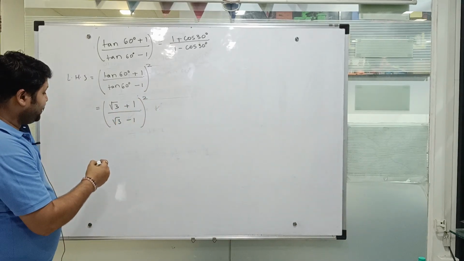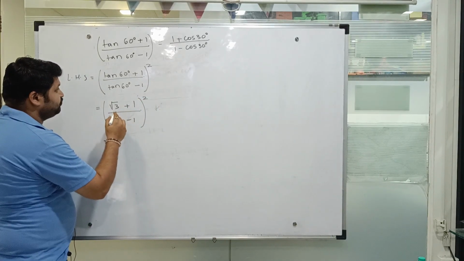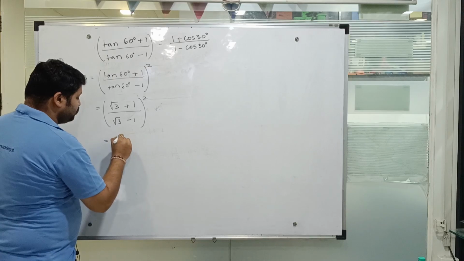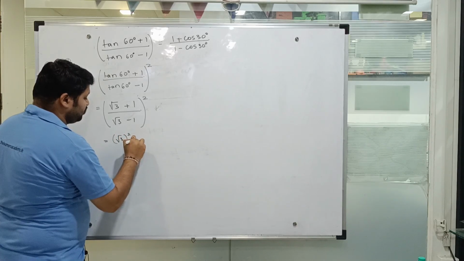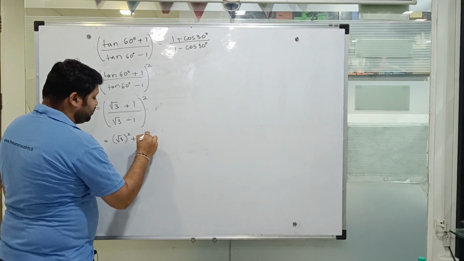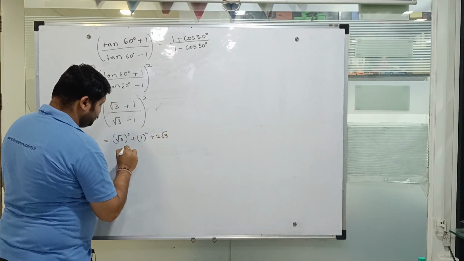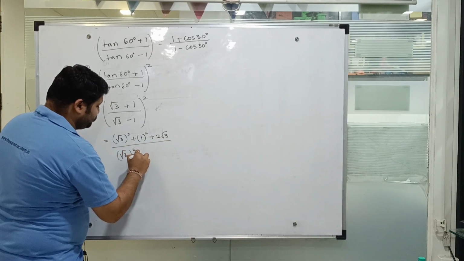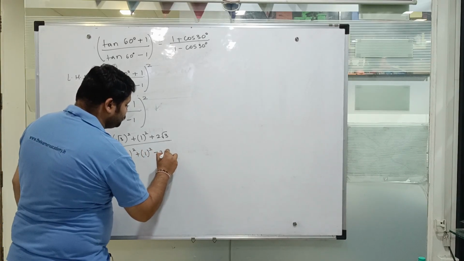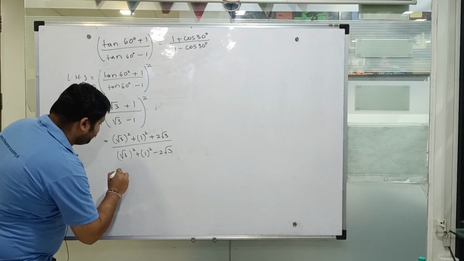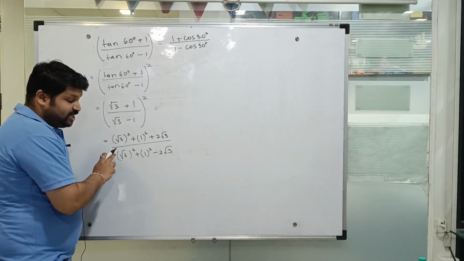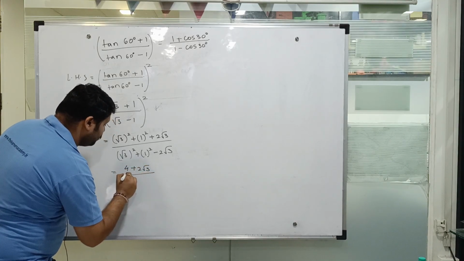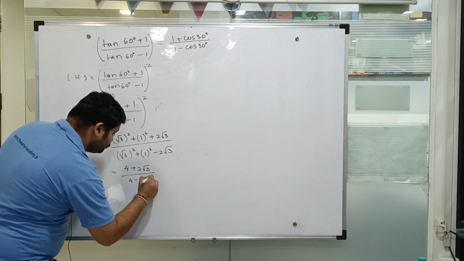When I square it, I can separately square them out, and I will get root 3 square plus 1 square plus 2 times root 3 divided by root 3 square plus 1 square minus 2 root 3. So root 3 square is 3 and 1 square is 1, so it would be 4 plus 2 root 3 upon 4 minus 2 root 3.